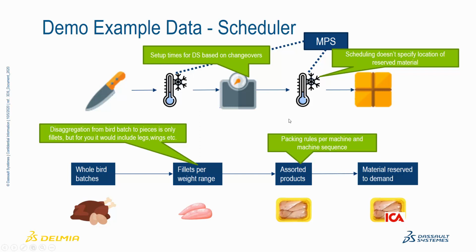Finally, in this demo scenario, we have packing rules per machine and machine sequence, so going from weighing line A to packing line B, and so on. And as I mentioned, for HKScan, that might be more relevant when considering, for example, allergens going from different machines, or from and to certain machines.